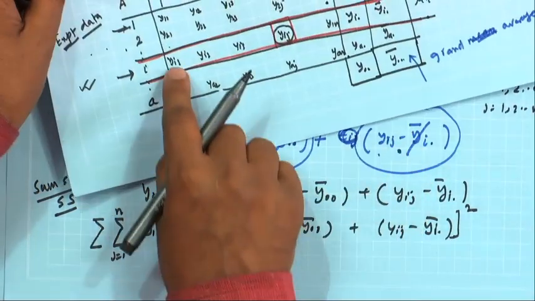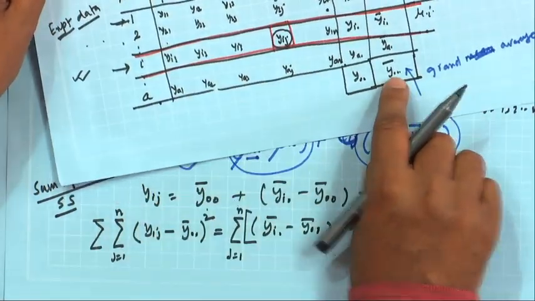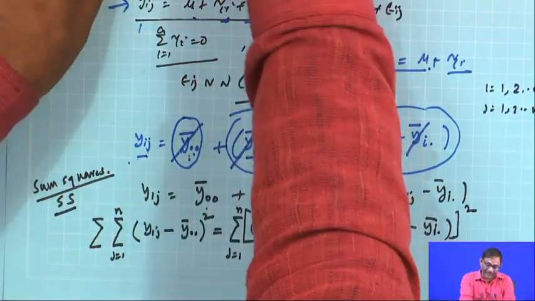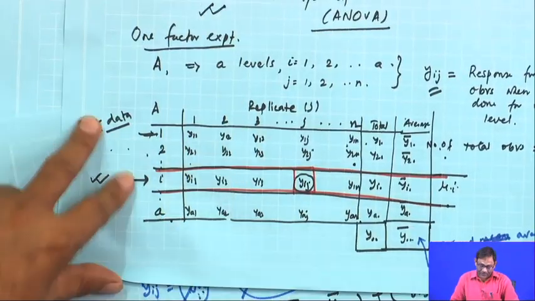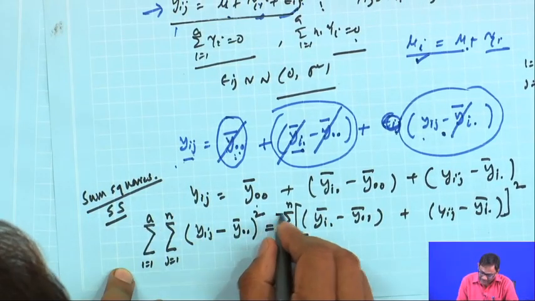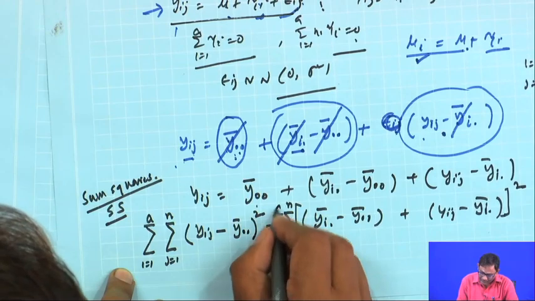You are subtracting y bar, then making the square and summing up. Then there is another sum, i equal to 1 to a, so that also you sum up.